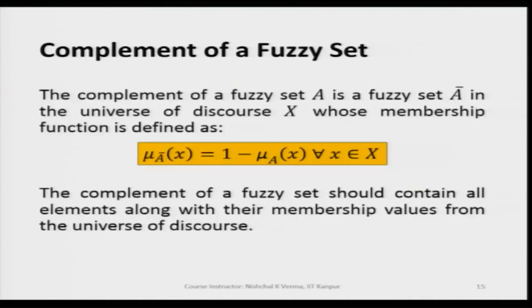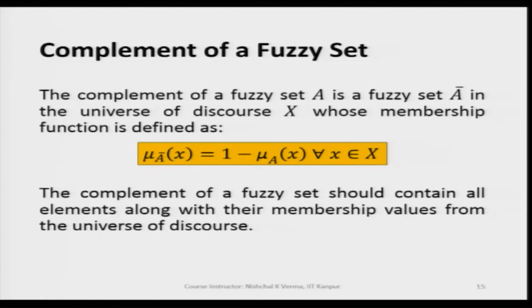Now, if we are interested in finding a complement of a fuzzy set. The complement of a fuzzy set A is a fuzzy set that is also represented by A bar, and of course, here we have a universe of discourse X, and in a fuzzy set also we take all the points, all the elements, but with this condition which is mentioned here.